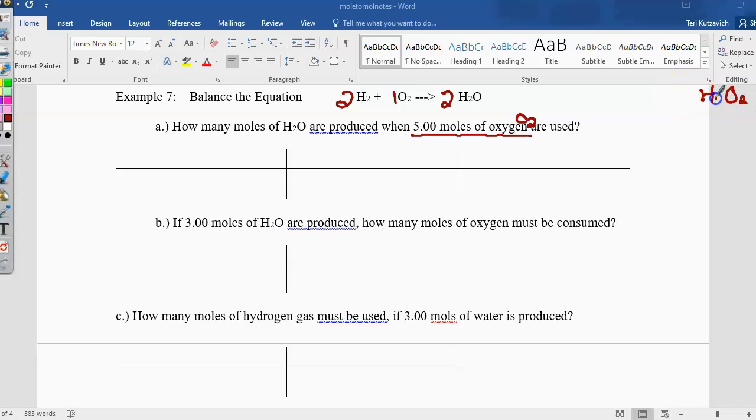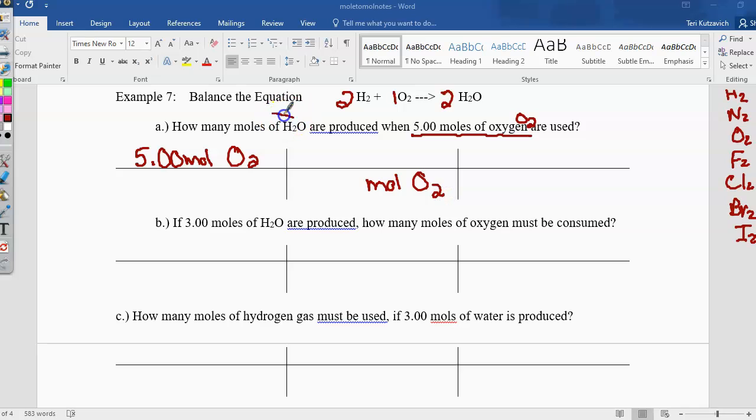Remember, horses need oats for clear brown eyes. All right, so we are given 5 moles of O2, and that means moles of O2 has to go on the bottom. We're looking for moles of water. So we know it's a mole-to-mole problem.